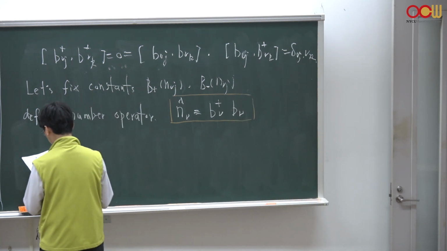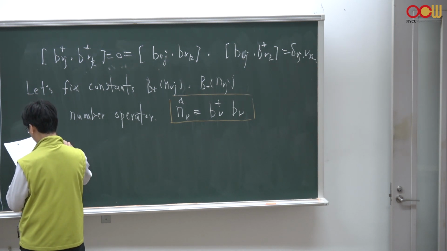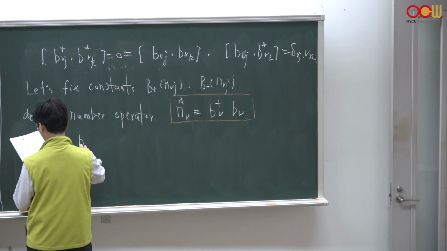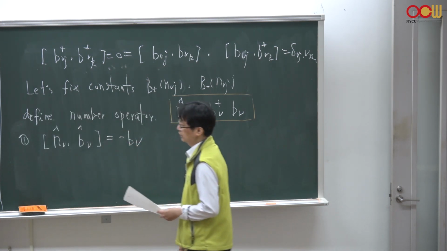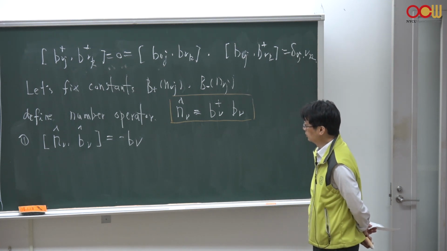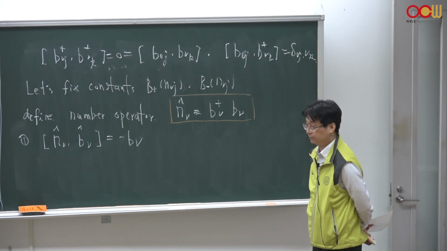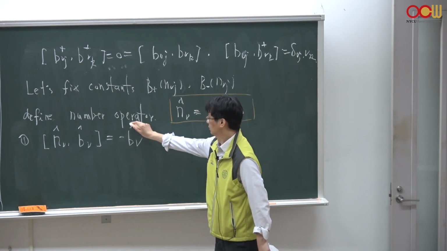So let's first derive the commutation relations between this number operator and either the destruction operator or the creation operator. So first we could prove that this commutator between the number operator n nu and the destruction operator B nu is going to be minus B nu.